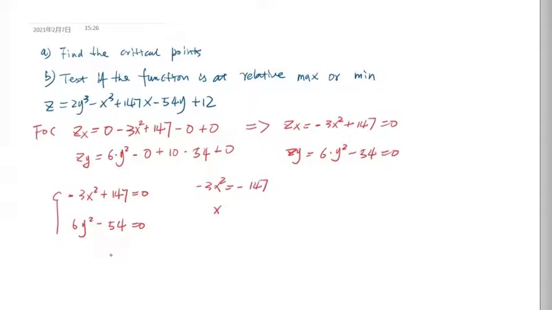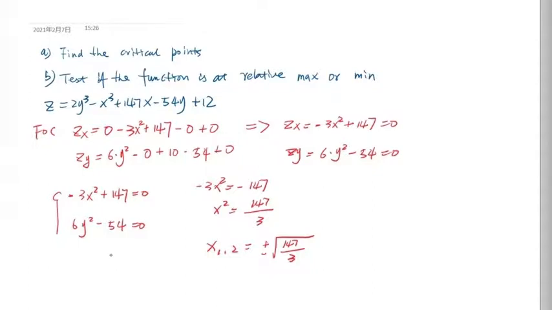X to the power 2 is equal to 147 divided by 3. So x has two solutions. X1,2 is equal to positive and negative square root of 147 over 3.